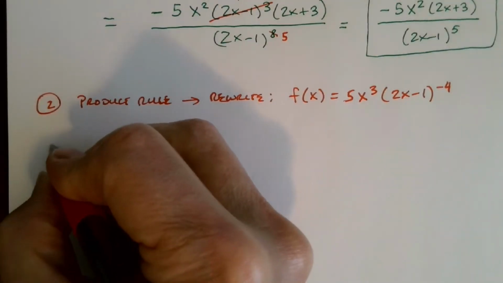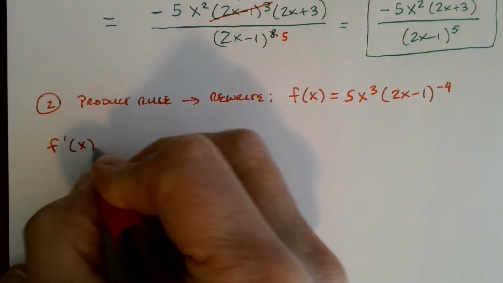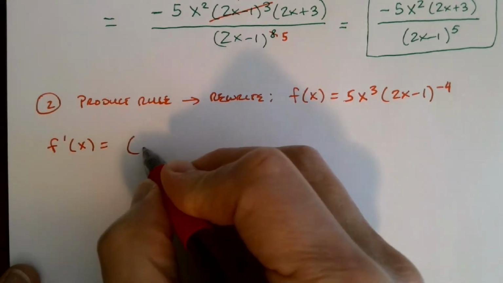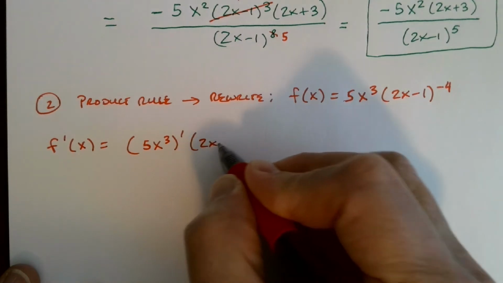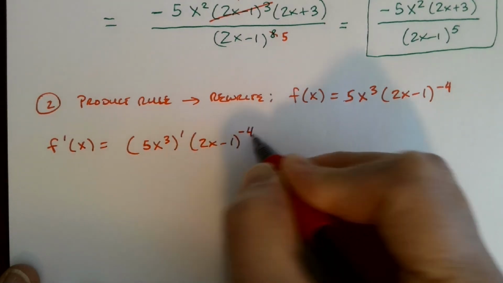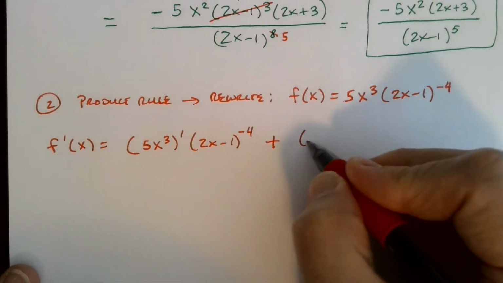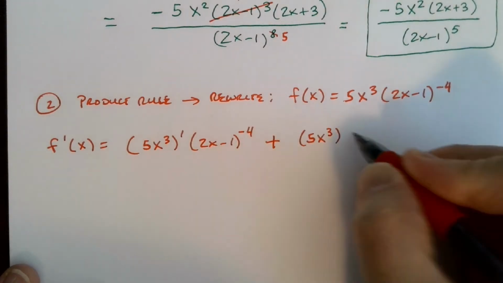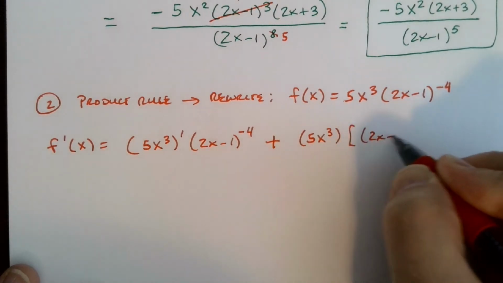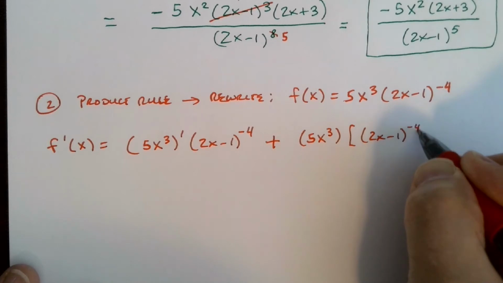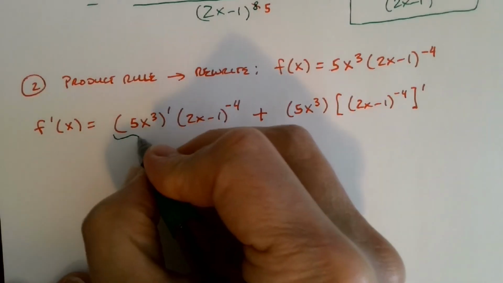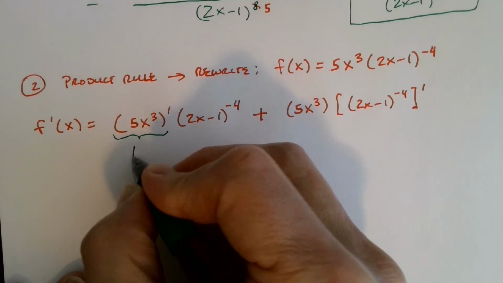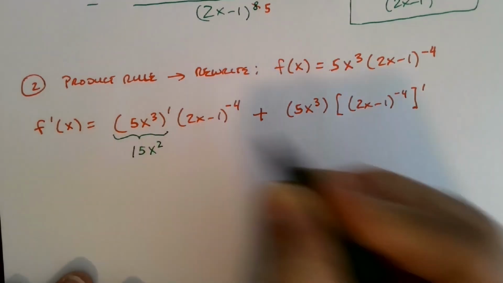So if I find f prime now by the product rule, it's the derivative of the first function times the second, plus first function times the derivative of the second. Okay. Well, again, this one we've done is easy. The derivative of 5x cubed is 15x squared.